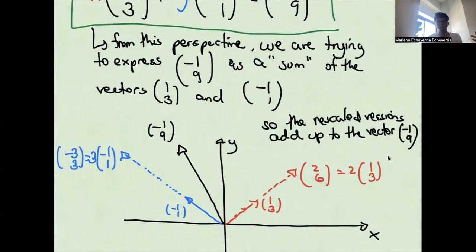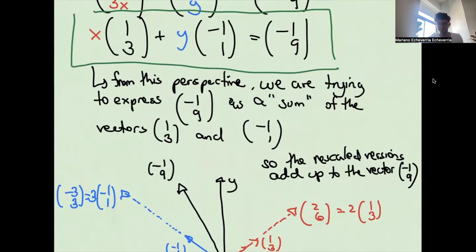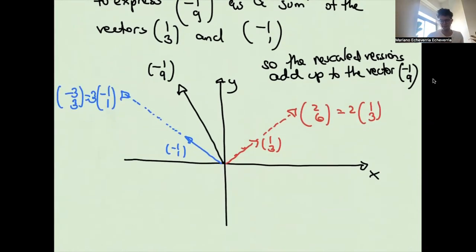And that's what you call a linear combination of the vectors. So a linear combination of vectors is basically like in this case, we were starting with two vectors. You take the two vectors, you are allowed to rescale each of them separately, and then you add them together, and that will produce a third vector, and that's called a linear combination.